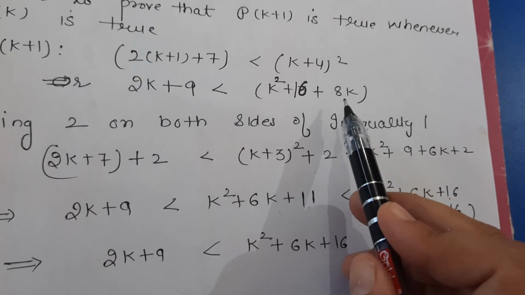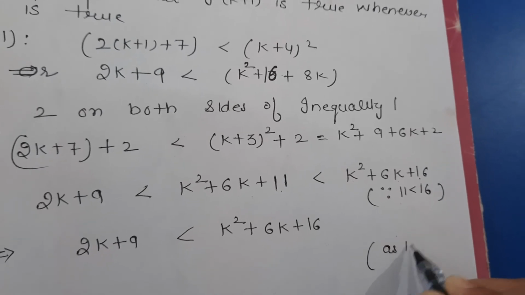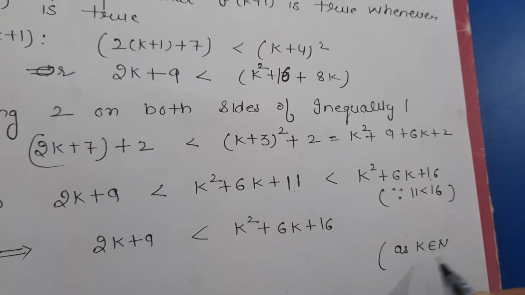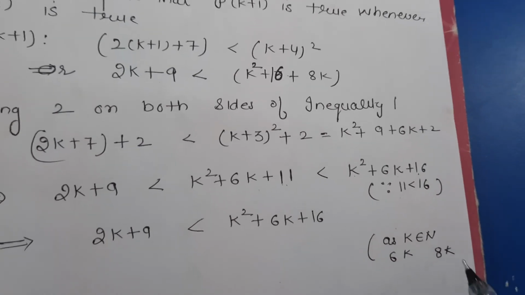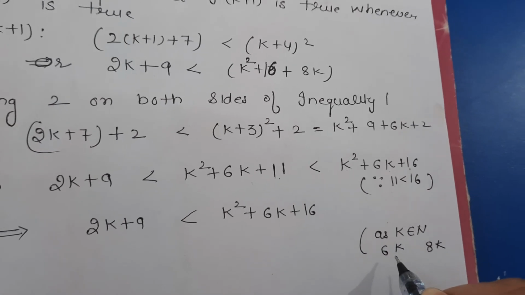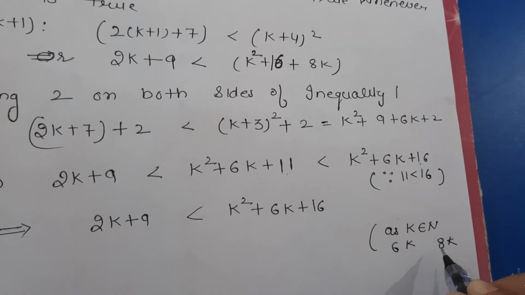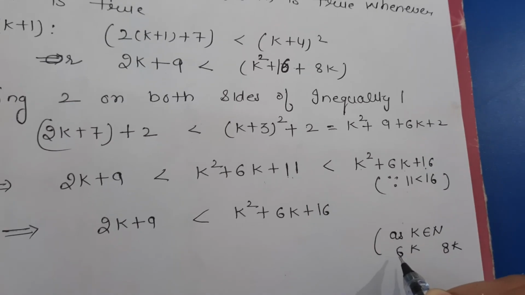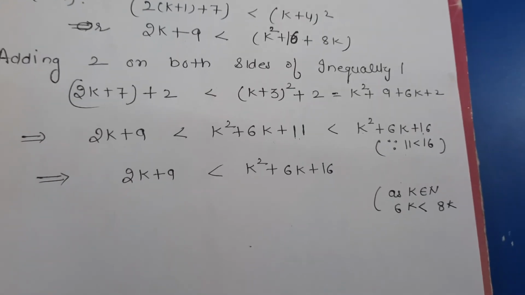But in your result you need 8k, as k is a natural number. So if I write here 6k, I write here 8k. Now the minimum value of k, you know, is 1. Even if you put 1 here, 6 < 8 is true. If you put k = 2 here, you have 12 and 16. That means this is always going to be less than this, right?